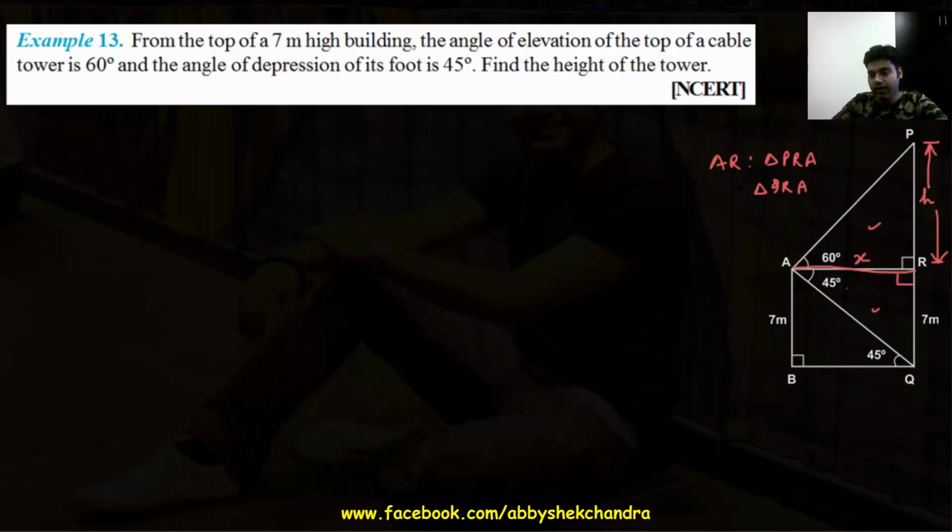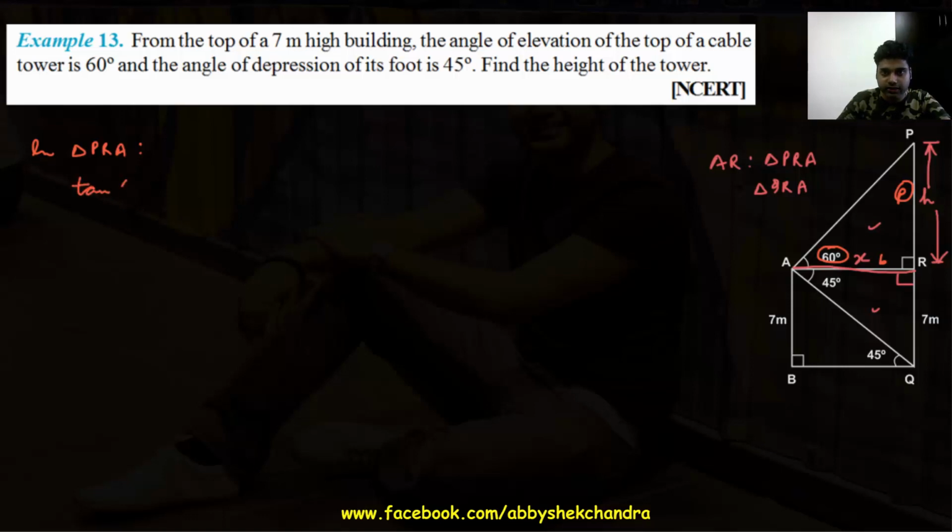This triangle and this triangle, both are right angle triangles, and AR is the common side. So let's assume it to be X, and we are going to find the value of X from both these triangles, and then we'll equate those two values to get the value of H. Let's see. So in triangle PRA, the angle given is 60 degrees. This X is the base, this H is the perpendicular. So obviously we are going to use tan theta.